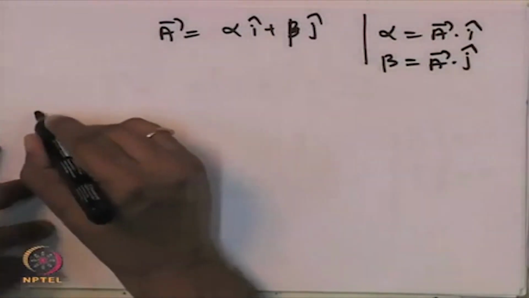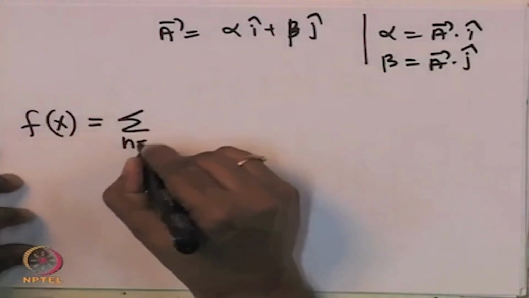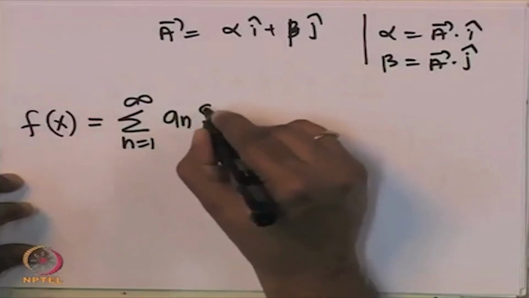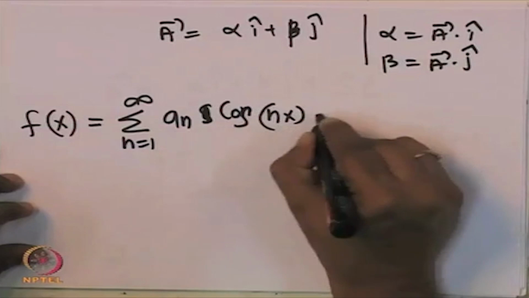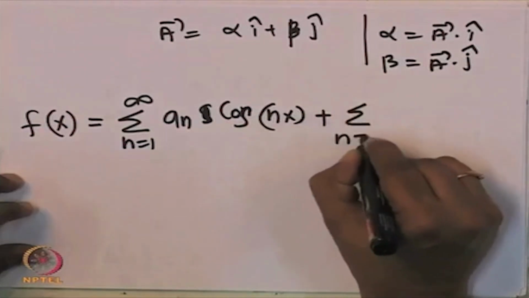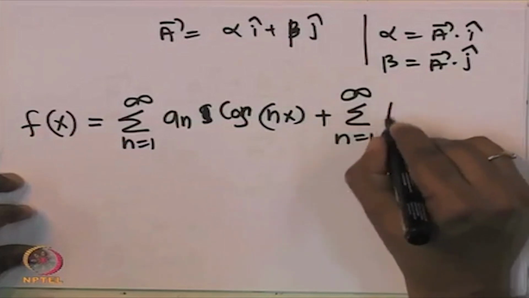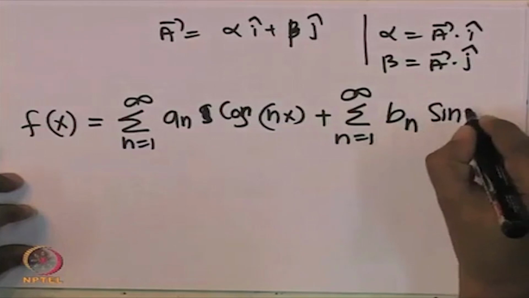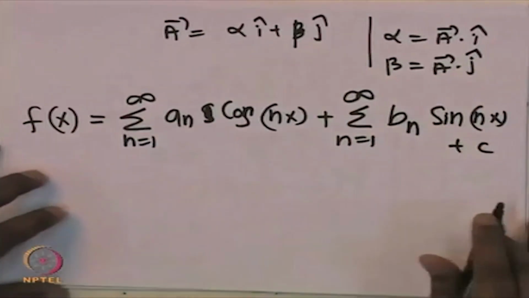So, similarly, we can write f of x as the sum over n equal to 1 to infinity of a n cos n x, plus the sum over n equal to 1 to infinity of b n sin n x, plus some constant c.